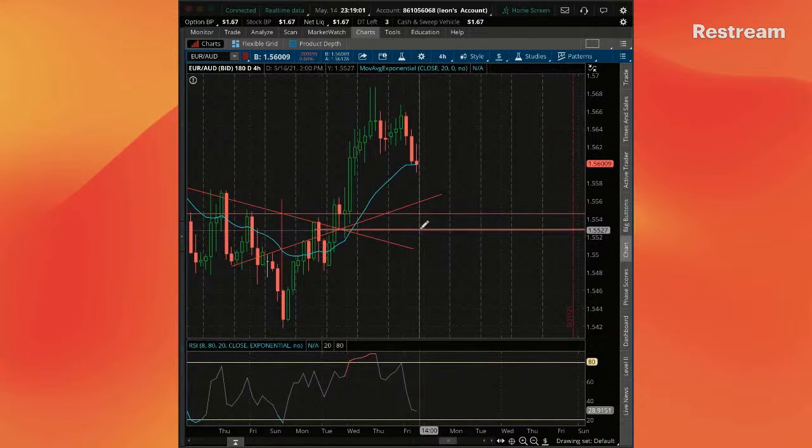All right, that's what we're going to go with. So on Sunday, when the market opens, that's what we're going to go with, this EUR/AUD.